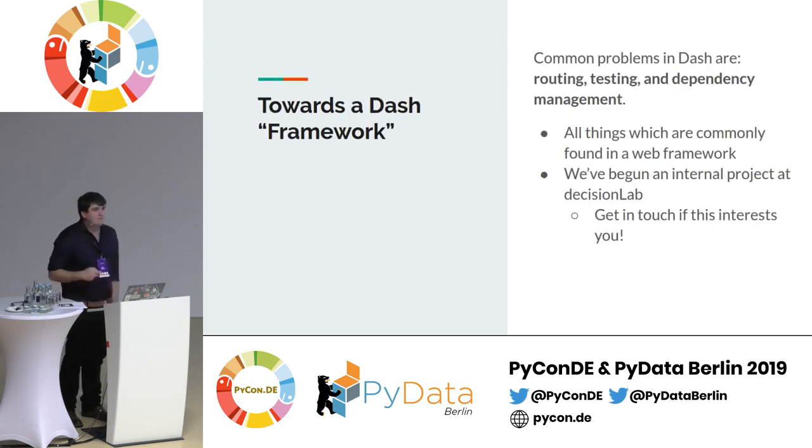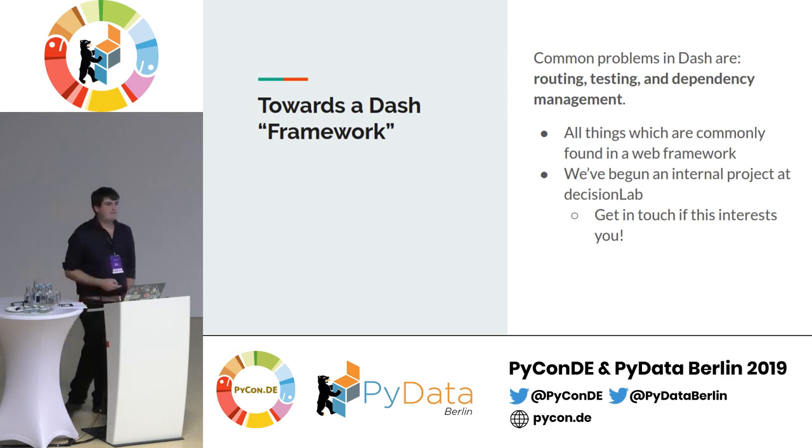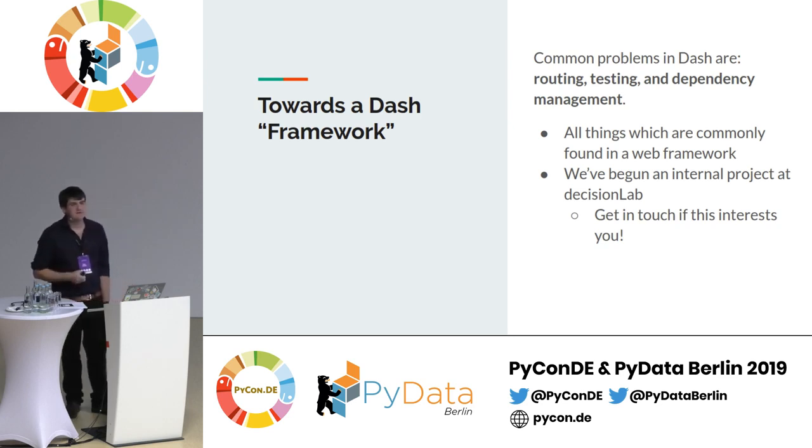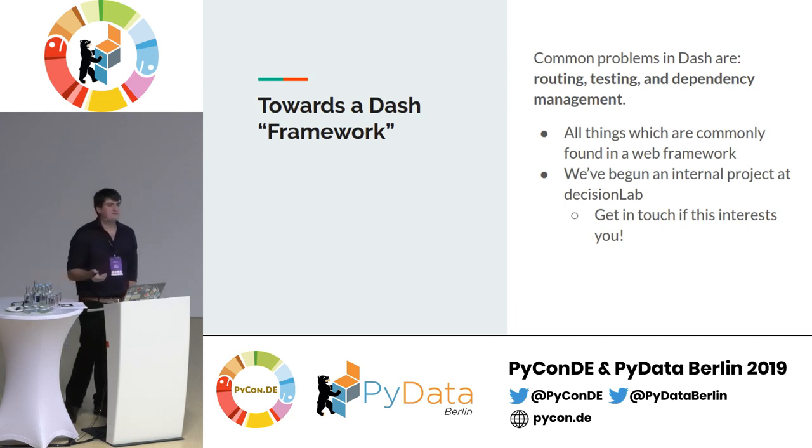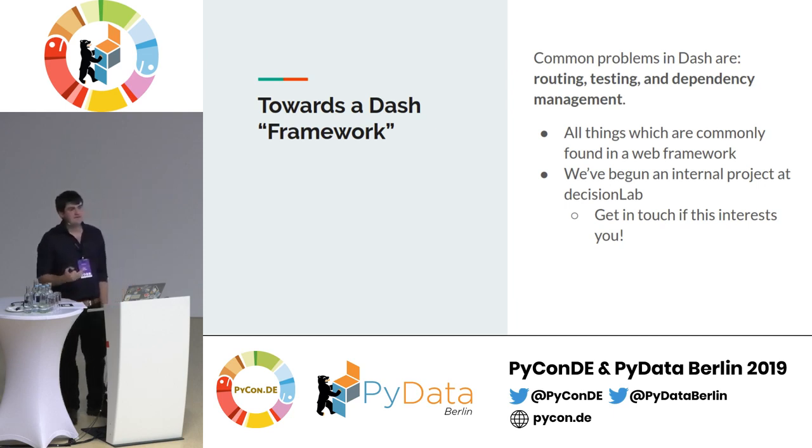We've also begun developing an internal framework for Dash. So moving away from just writing single Dash scripts to declaratively defining our routes and our particular endpoints in Dash and the callables that we want to use. That allows us to, for example, automate loading data frames and implement things like dependency injection.